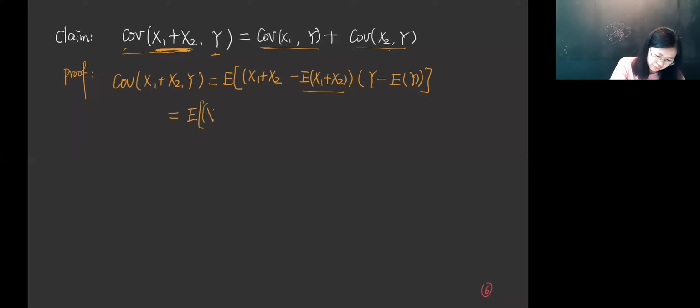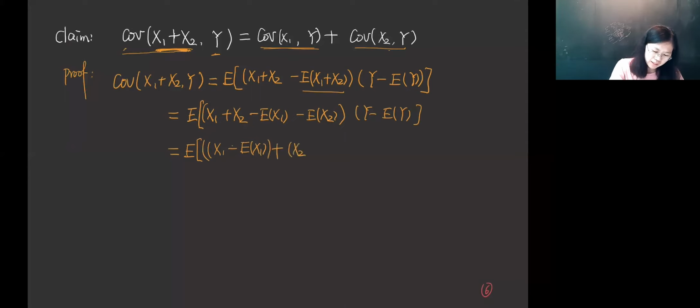So that equals X1 plus X2 minus E of X1 minus E of X2. Now let's group the quantities with X1 together and also the quantities with X2 together. And we are left with (X1 minus E of X1 plus X2 minus E of X2) times (Y minus E of Y).